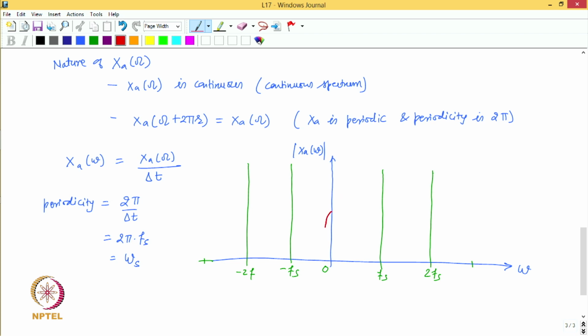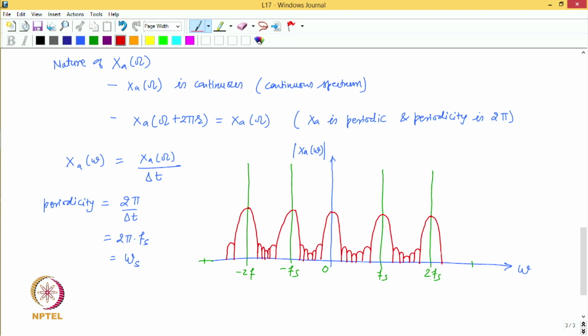We will have the spectrum like this, and then something like this, and similarly here also, and so on.